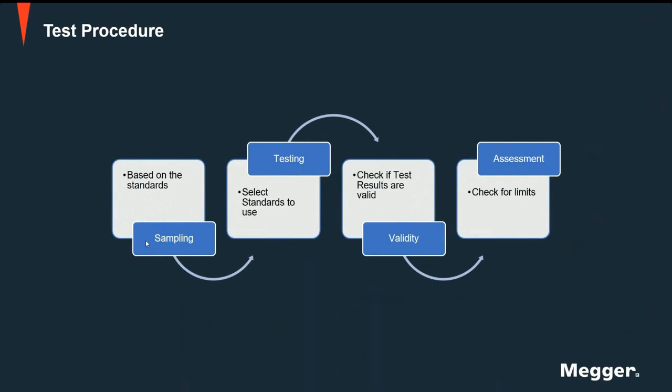After sampling, we do the testing, and during the testing, we need to select the standard that is applicable to our application. After the testing, we need to validate if the test results are valid. We just don't assess the result immediately without looking at the validity of the result.